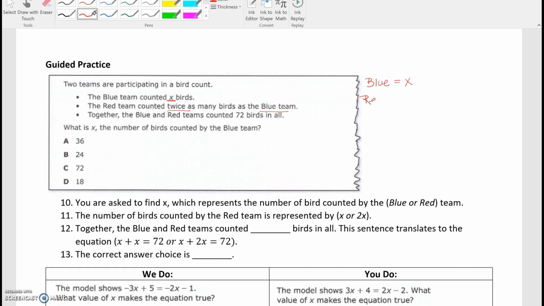Okay, so the red team, well, twice means 2 times, right? And they did it X times, so 2x. Together, which means we're adding, right? We're putting them together. The blue and red teams counted 72, okay? So I want you to go ahead and press pause and see if you can solve this one on your own.